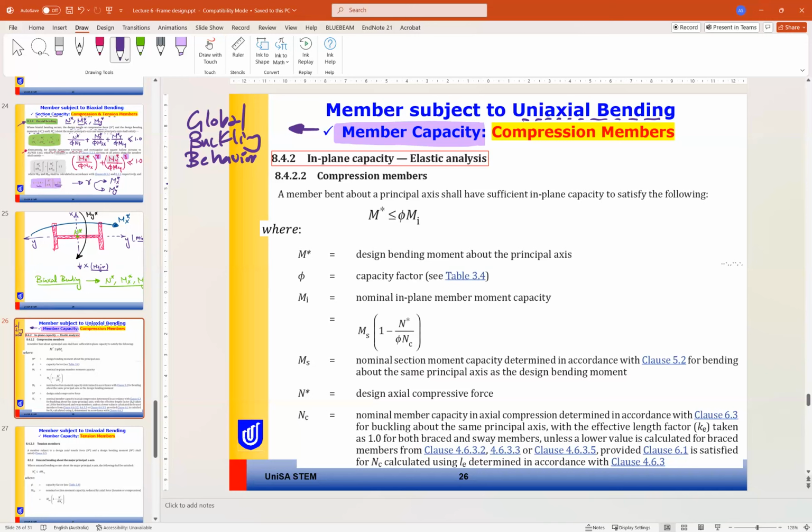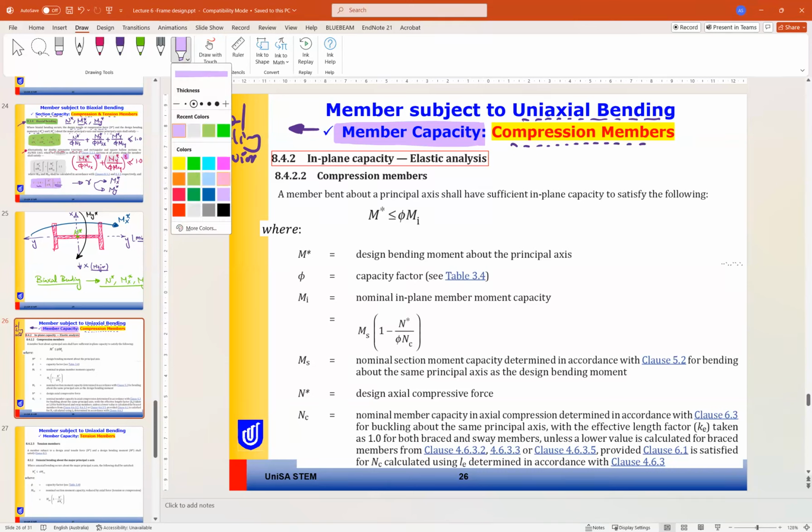The global or member capacity is a problem for compression members. So tension and compression members can't be dealt with the same way for global buckling behavior. That's why we have compression member alone and tension member alone.